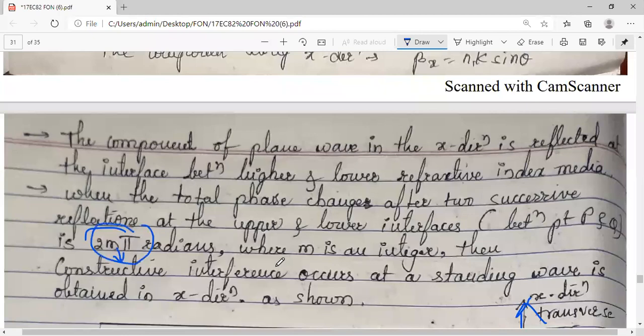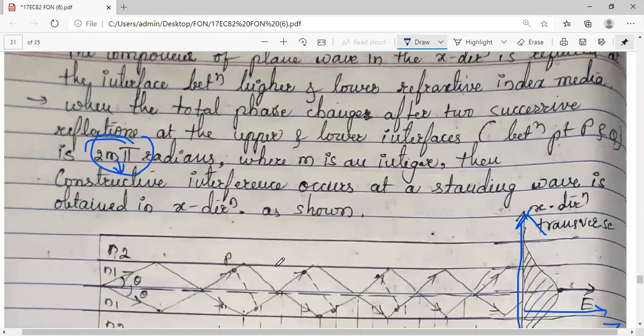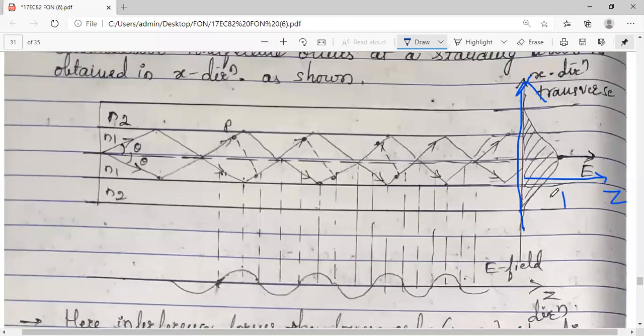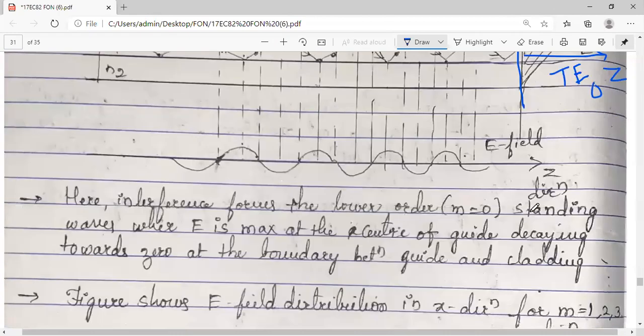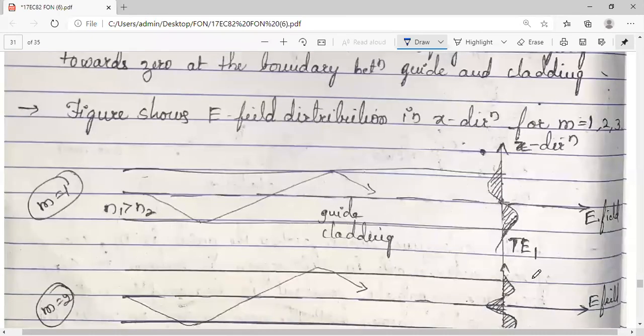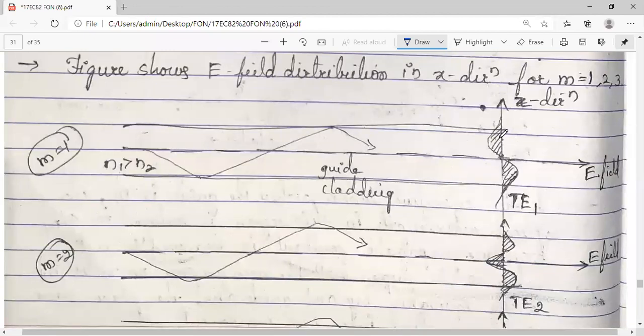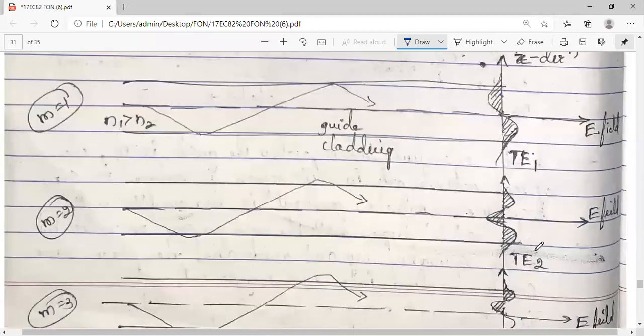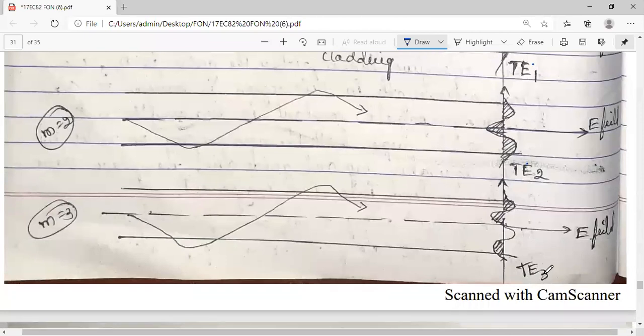M equal to 0 is the minimum. So this is your TE0, transverse electric mode 0, with m equal to 0. For m equal to 1, 2 and 3, we have seen this is your TE1 mode, TE2 mode, TE3 mode.